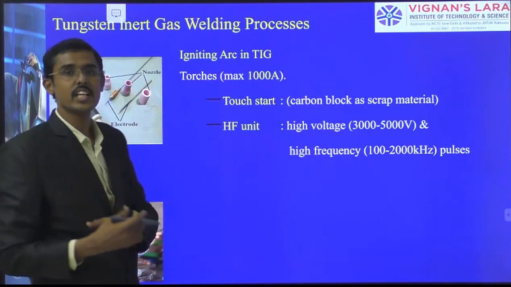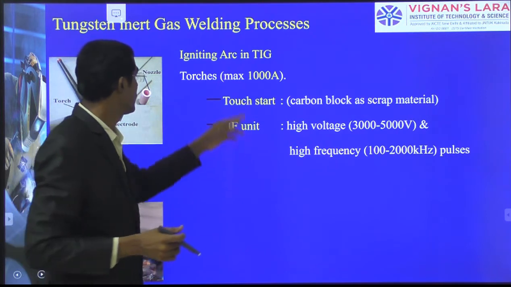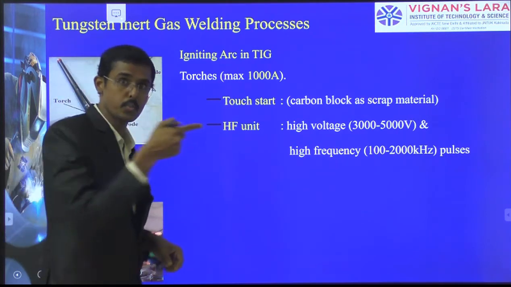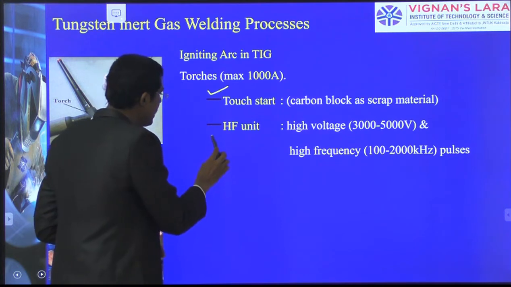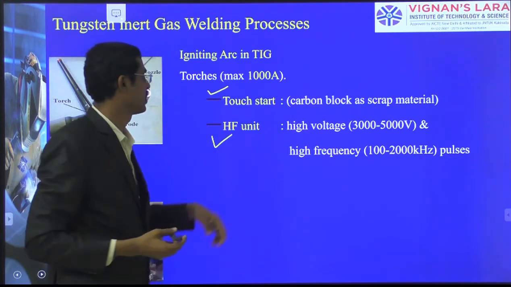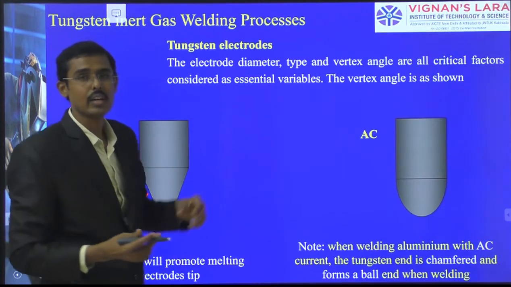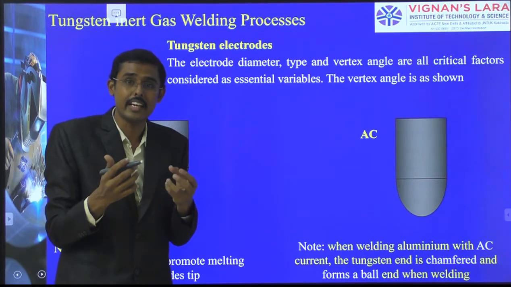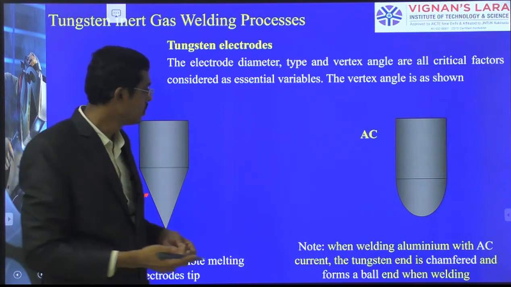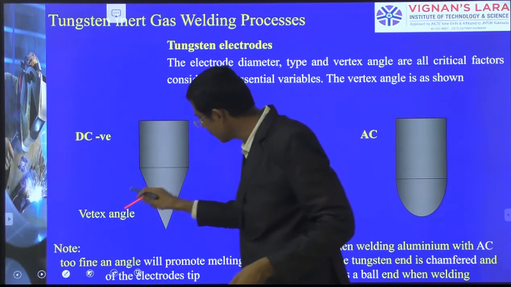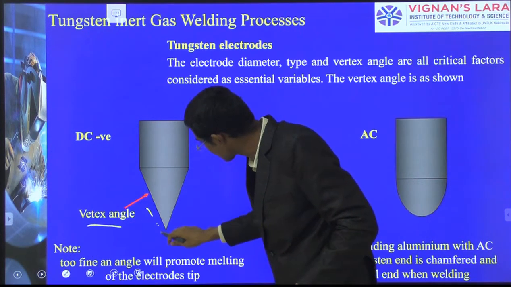So how are we initiating the TIG welding process? TIG welding can be done in two methods. These points we know already: the touch start method, or otherwise the high frequency start method. See, in the tungsten electrode, the release of electrons takes place at the sharp points. You should use this vertex angle.